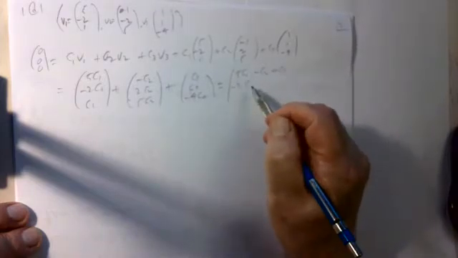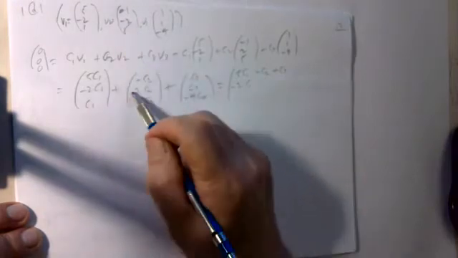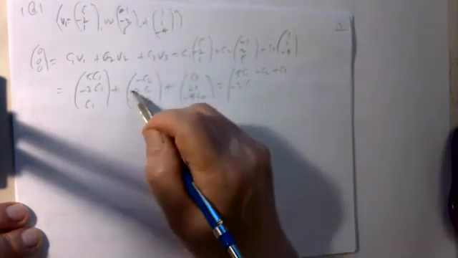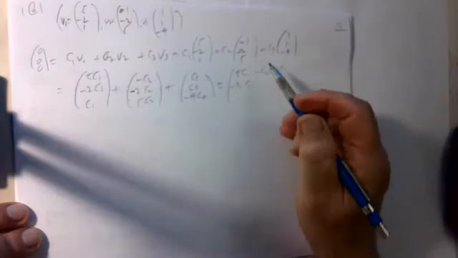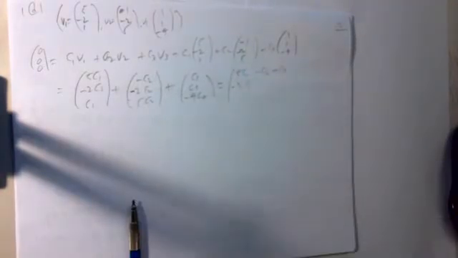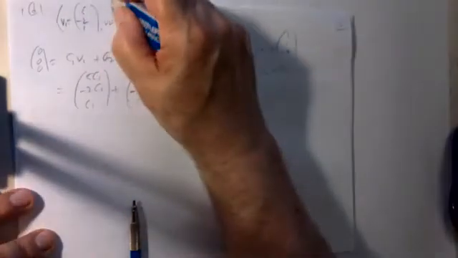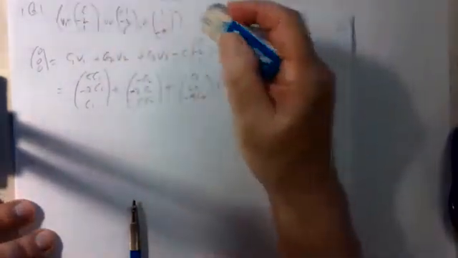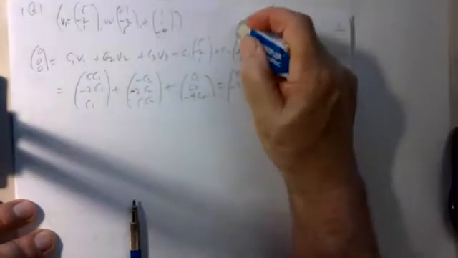minus 2C1. Oops, this is a minus 2 there. And this is a plus 1. I should do this correctly. This is 5, minus 2, 1, 1, minus 2, 5, and 1, 1, minus 4.